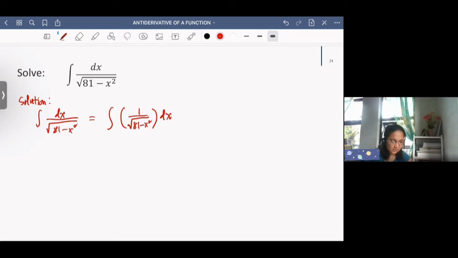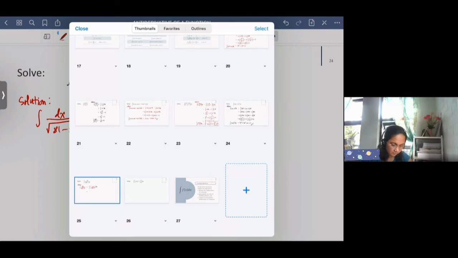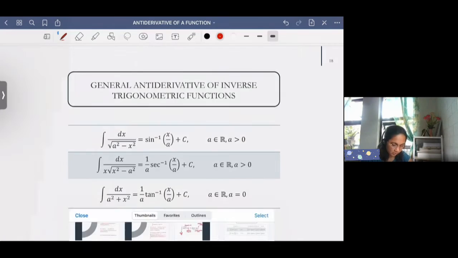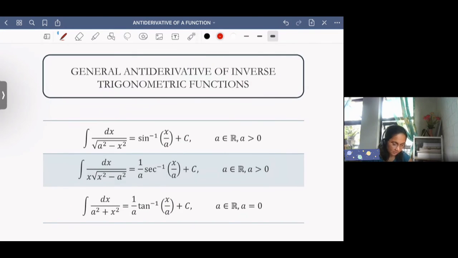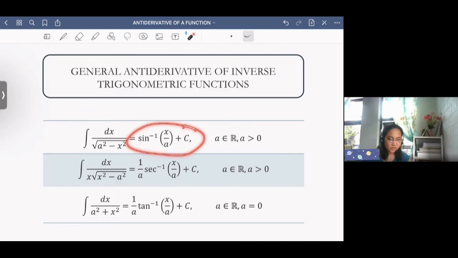And if you are going to check the given rules of differentiation, particularly for the inverse trigonometric functions, we have the integral of dx over the square root of a squared minus x squared, that is equal to inverse sine of x over a plus c, wherein a is any real number greater than 0.